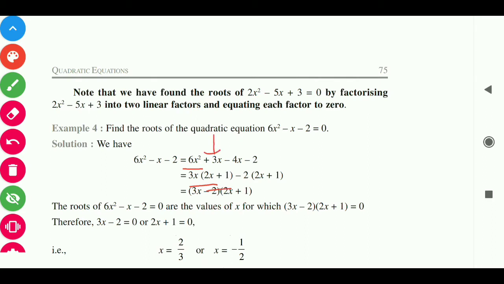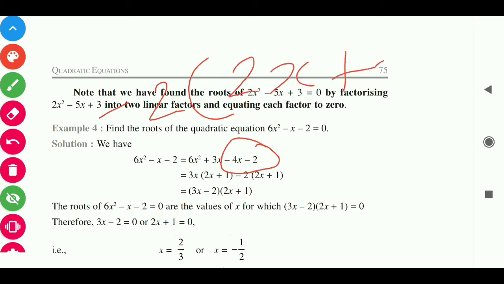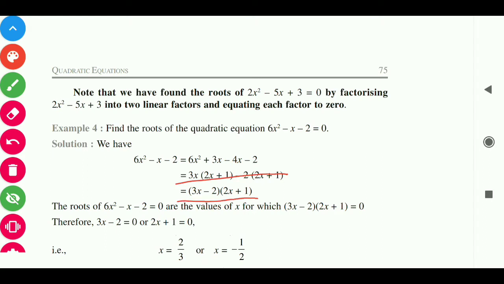We have 2x plus 1, and in this term if we take common minus 2, then we will have 2x plus 1. So the term will be 3x minus 2 into 2x plus 1. So the roots of 6x square minus x minus 2 equals to 0 are the values of x for which 3x minus 2 into 2x plus 1 equals to 0.